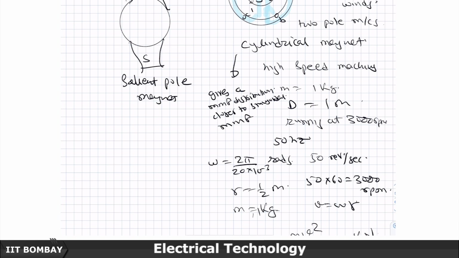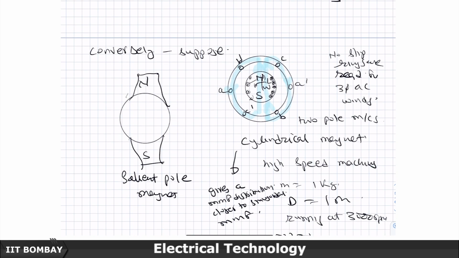If you wanted to do the same thing using this kind of a salient pole construction, then you have to taper it off. The pole tapering has to be very carefully controlled, and even then you will not get that nice a thing as this kind of a distributed winding will give.